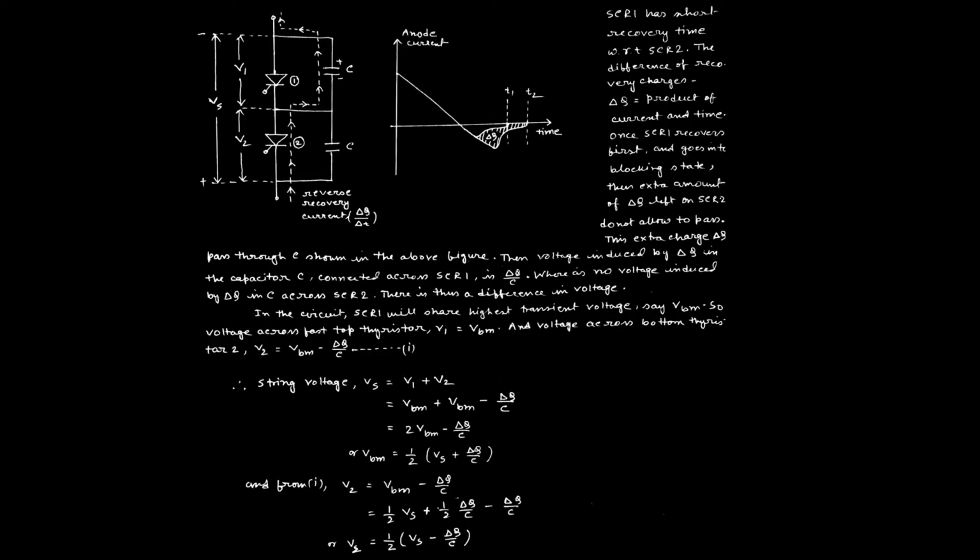That means this extra amount of charge should be stored by this capacitor which is connected in parallel to the first SCR. If we consider a long string where n number of SCRs are there, each capacitor connected to a particular SCR can store the charges which have to be taken from the next SCR.